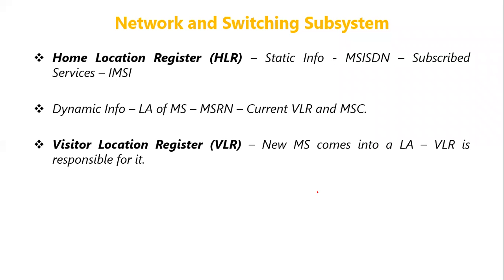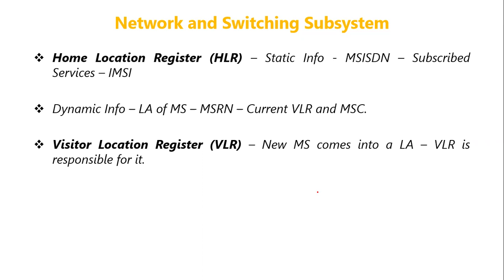So it copies all relevant information for this user from the HLR. Where will it get the data? From the respective HLR, the data will be transferred to the VLR. This hierarchy of VLR and HLR ensures that the HLR need not be updated always.